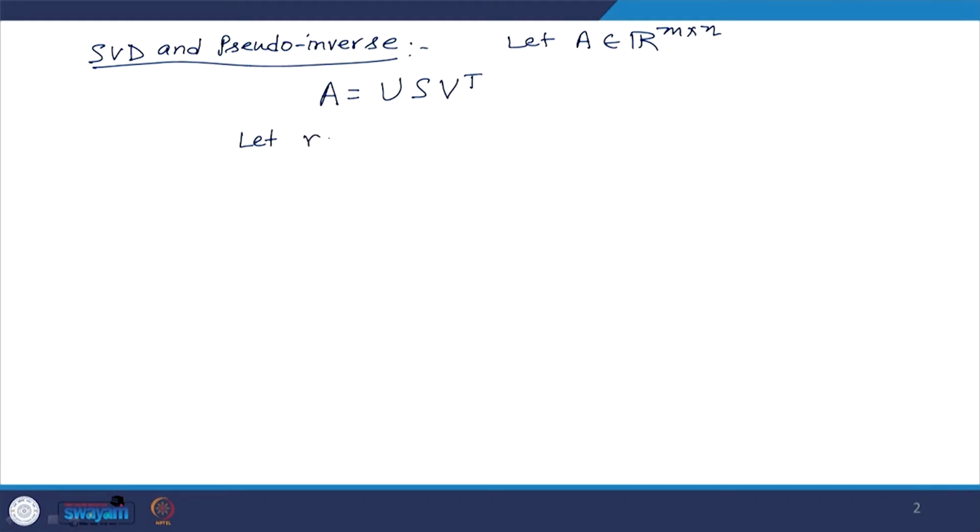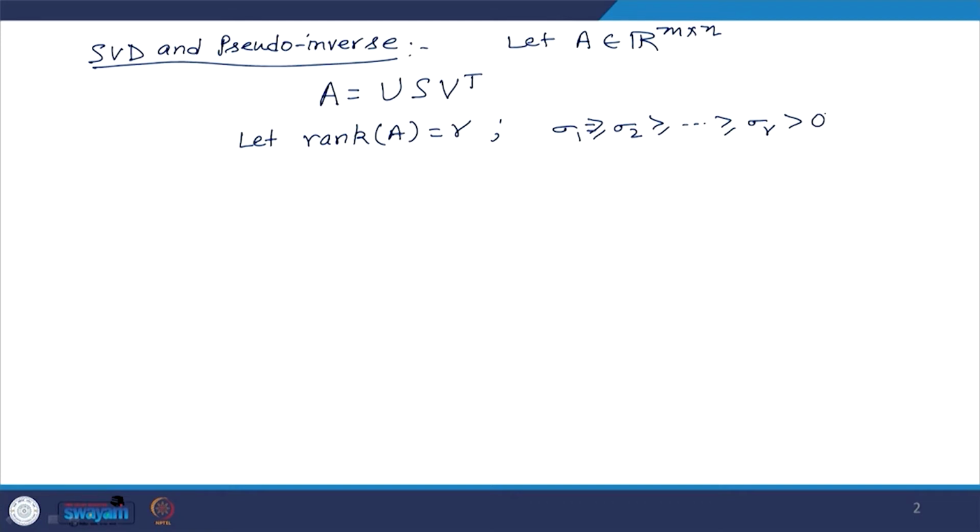Let rank of A equal r. So, what will I have? I will have sigma 1, sigma 2, up to sigma r greater than 0, and then the rest of the singular values will be 0.